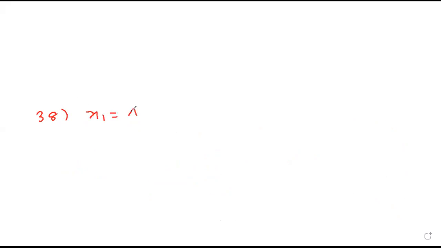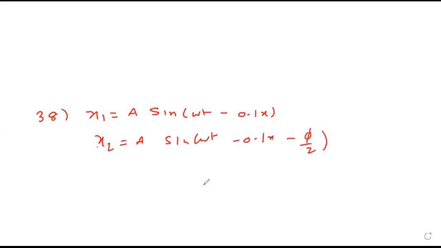x1 equals a sine omega t minus 0.1 x, and x2 is a sine omega t minus 0.1 x minus 5 by 2. Whenever this comes, see this angle and this angle are same. Here an extra 5 by 2 has come.